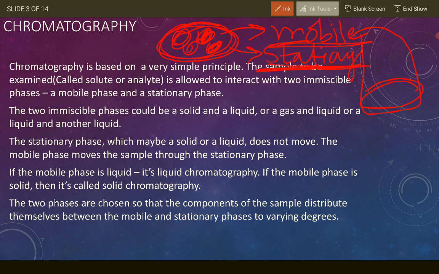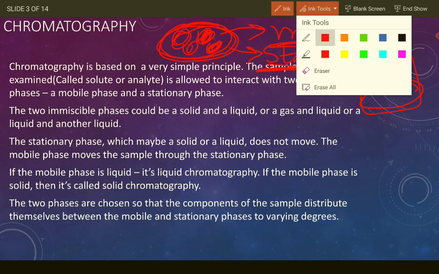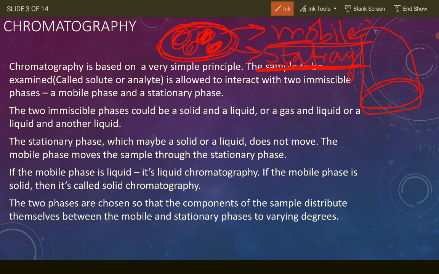Those molecules that are more soluble in the mobile phase will move through the column and will elute out, will come out of the column first, right? We'll get them first, because the mobile phase moves, it will move through the column or the jar or whatever in which you are carrying out the chromatography.